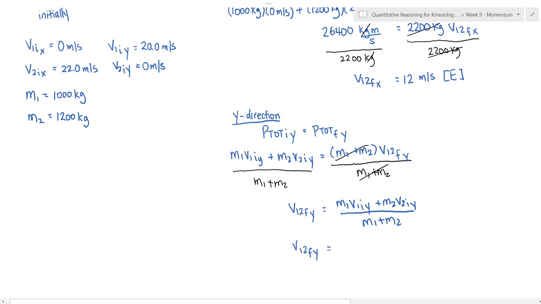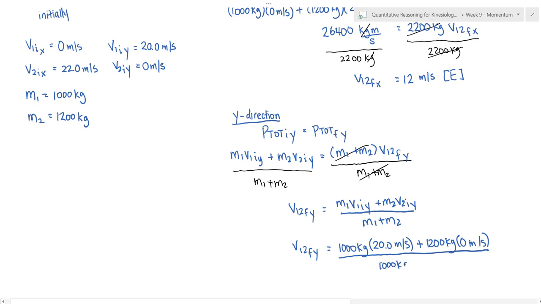Now we're going to just substitute all the values that we know. M1 is 1,000 kilograms. V1 initial y is 20 meters per second, plus M2, which is 1,200 kilograms. V2 initial y is 0 meters per second, over M1 plus M2.